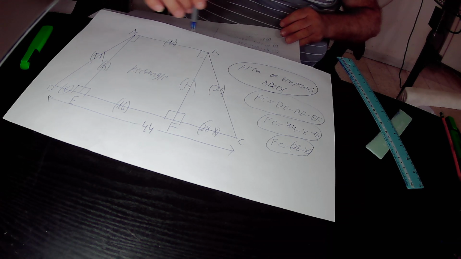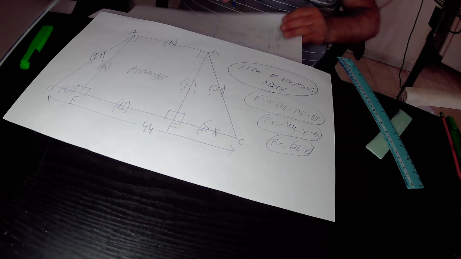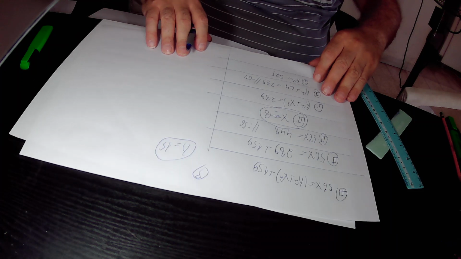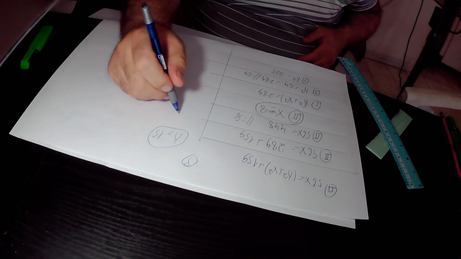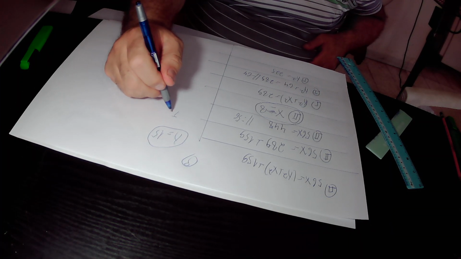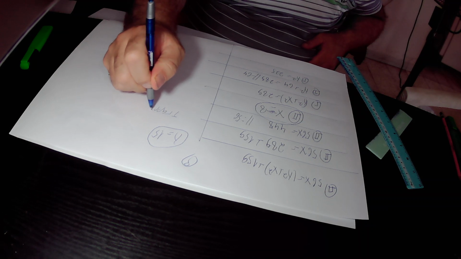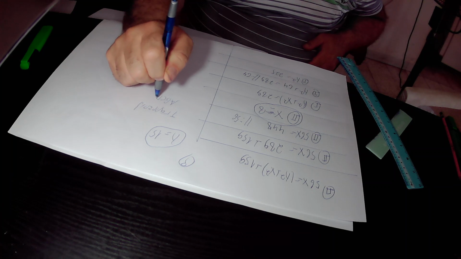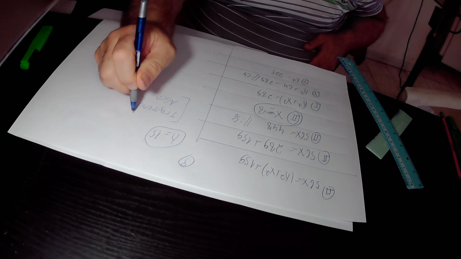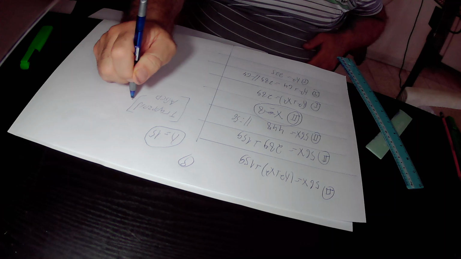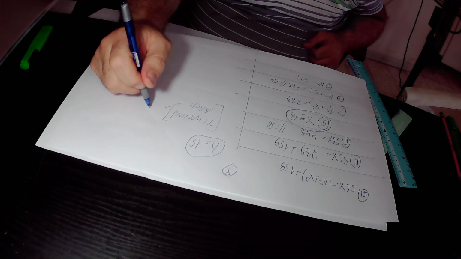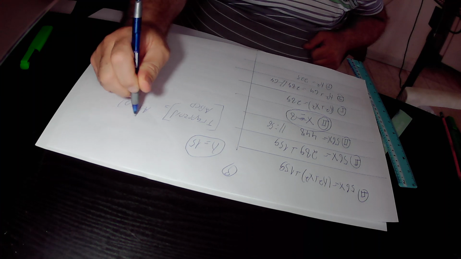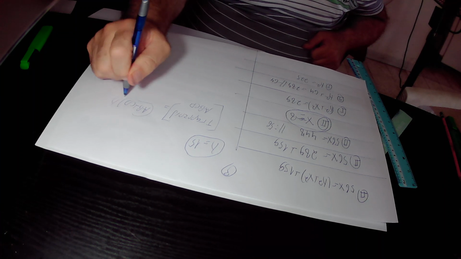Our mission is to find out the area of this trapezoid ABCD. As I already mentioned before, we already found out that the area of trapezoid ABCD is equal to the sum of its two parallel bases, that is AB plus CD, times the height, that is h, over 2.